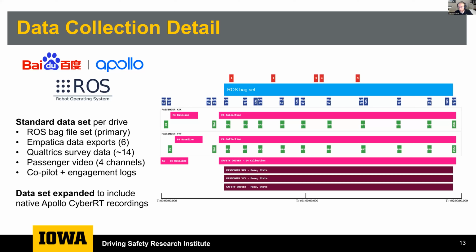The small green places that you see there are indicative of the survey responses that the passengers would give. And then on the bottom, the dark magenta signifies the passenger video recording streams, so recordings of the passengers as well as the safety driver. So again, taking this all into account, you see a lot of different recordings going on at the same time.